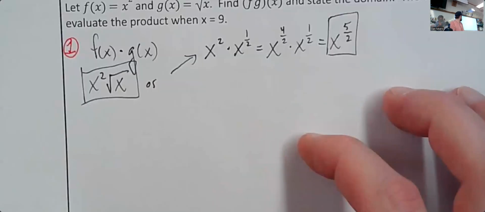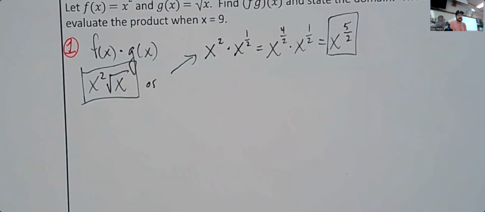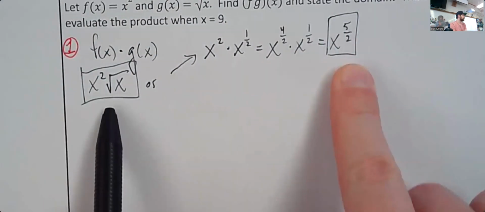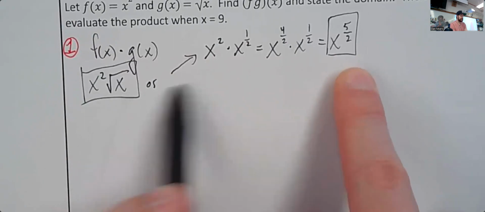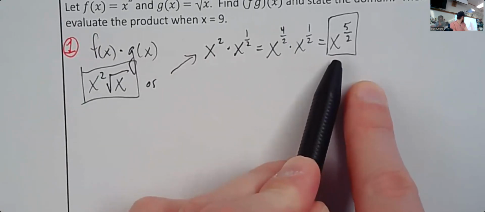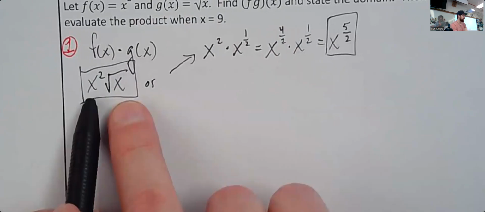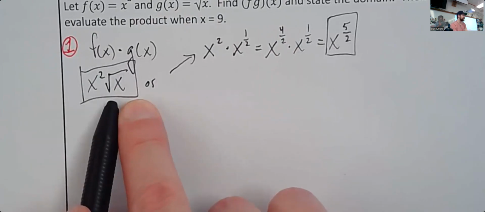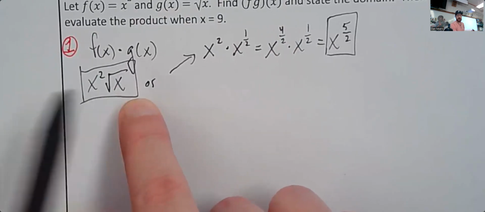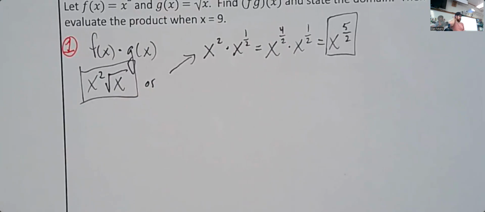So either one of those is an acceptable answer for the multiplication. So you can write it with a single variable with a rational exponent, or you can write it separately as a squared times a radical. It's up to you. Either way, though, we need to think about our domain.